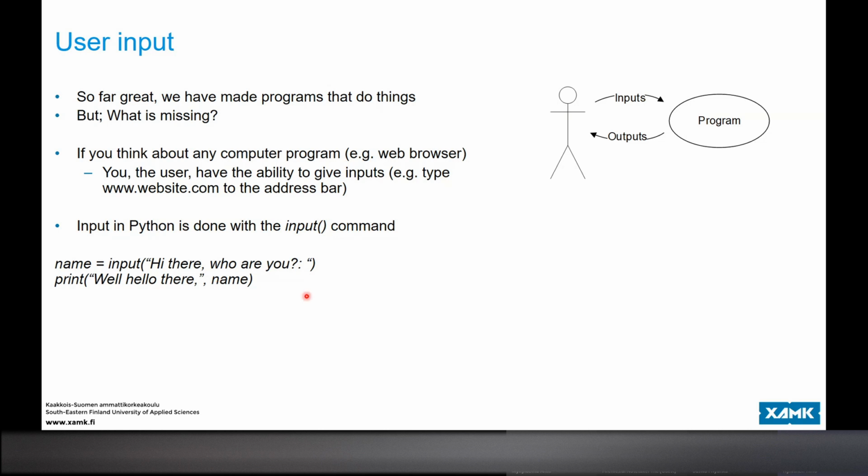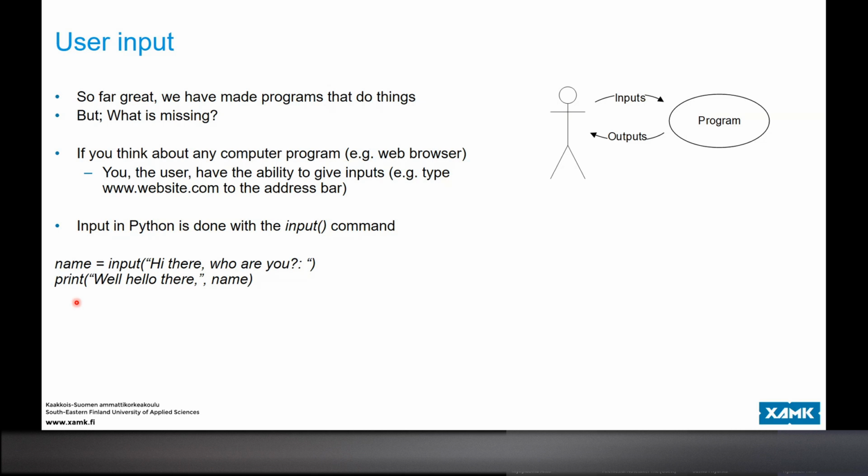Fairly simple, and it turns out it is not very difficult. All you have to pretty much remember is whatever you're typing in using the keyboard, it's always text. It's never automatically numbers.